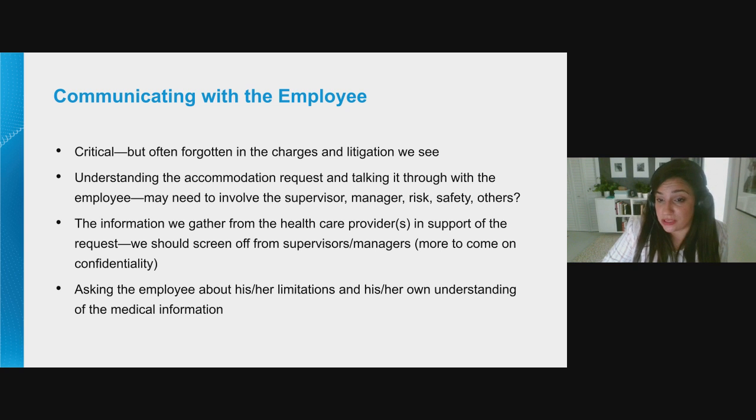Which is why that documentation is so critical, because the reality is 2 years from now, you might not remember as well what was the basis of your conclusion. So we need contemporaneous writings that can facilitate an analysis of what the employer was thinking at the time it made its decision, should there ever be litigation down the road.